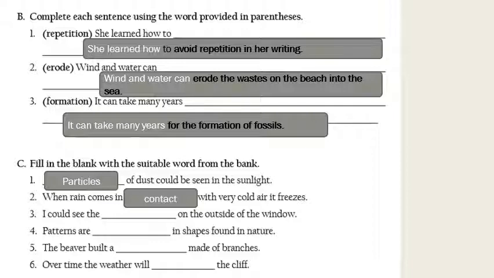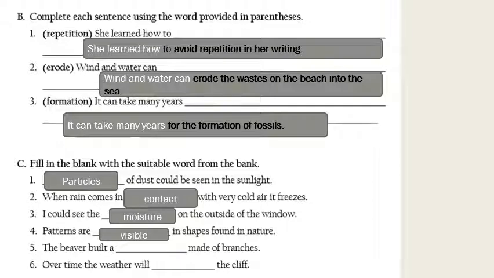Number three, I could see the blank on the outside of the window. Oh, it's very easy, and we have repeated it several times. I could see the moisture on the outside of the window. Number four, patterns are blank in shapes found in nature. Are what? What can we do to patterns? We can see them. So patterns are visible in shapes found in nature.